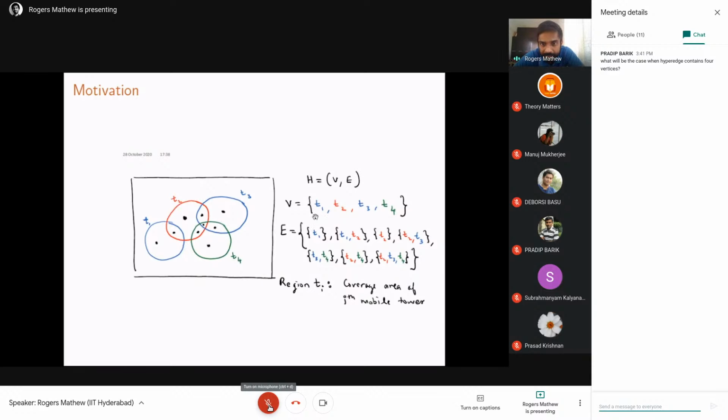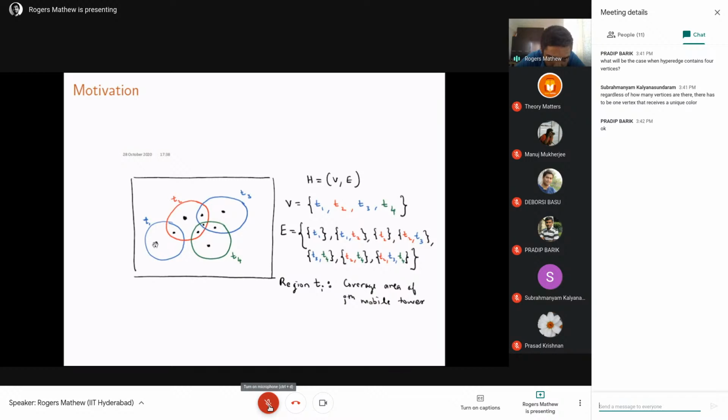You can construct a hypergraph where T1, T2, T3, T4 are the vertex set, or basically the universe, and the hyperedges are formed as follows: you take any point in this 2-dimensional plane and see in the coverage area of which towers this point lies. Those towers form the hyperedge corresponding to that point.